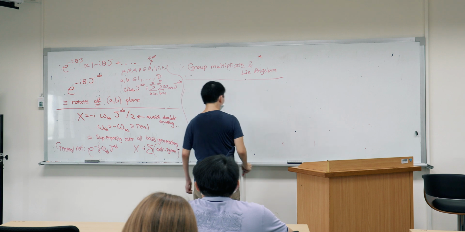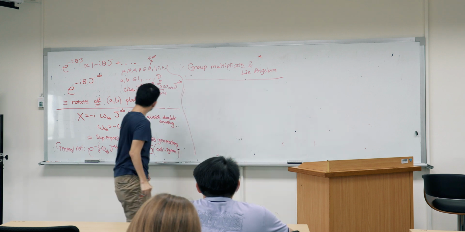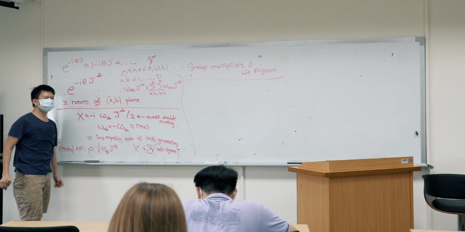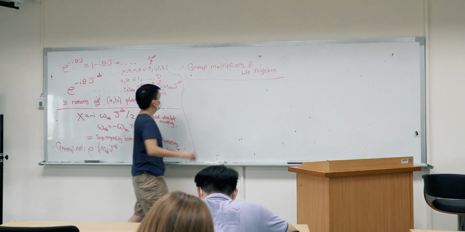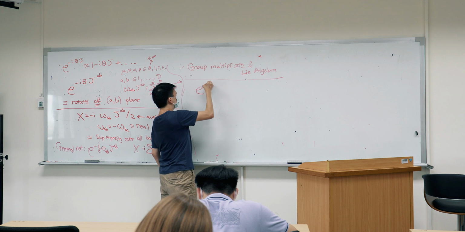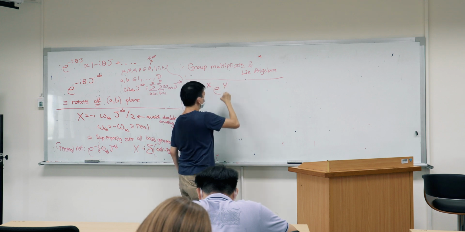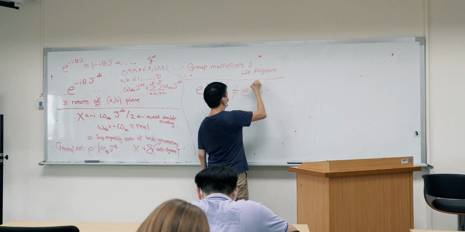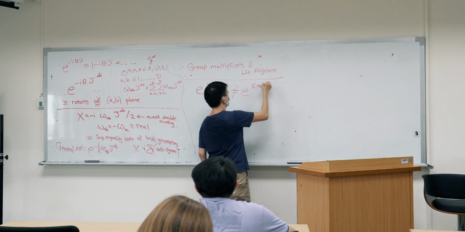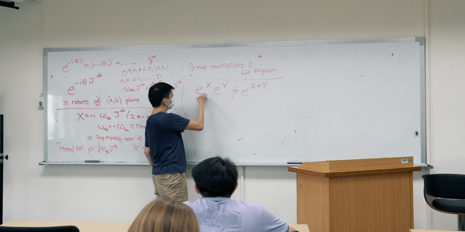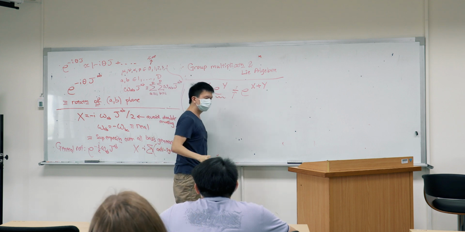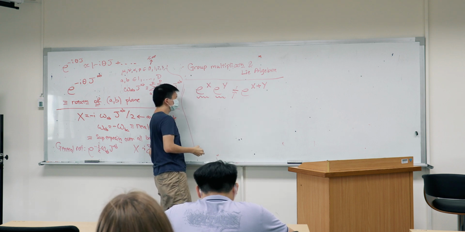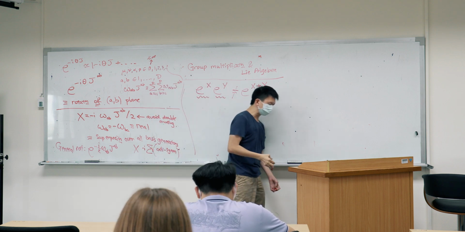So I mentioned last time that because our exponents are operators or matrices, it's not true anymore that you can just add the exponents when you multiply these. Specifically, this is a rotation, this is a rotation, and we expect a rotation to be a group.